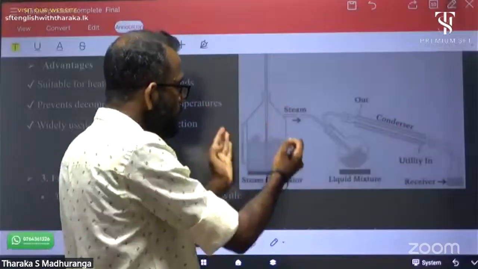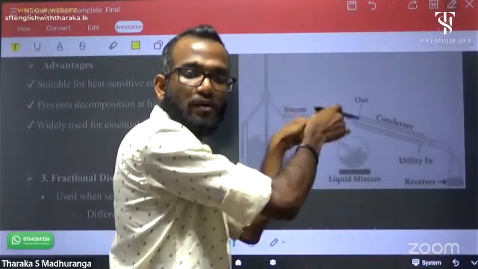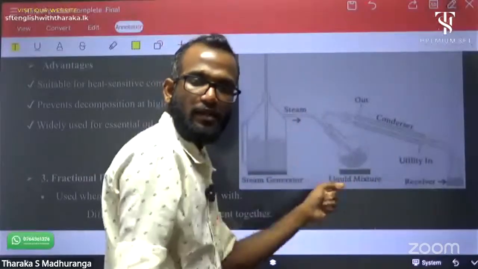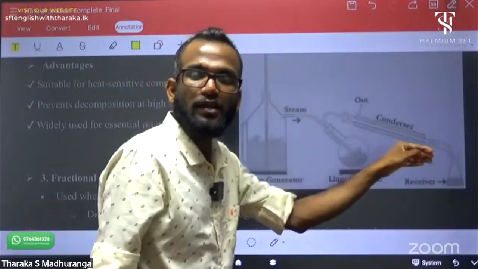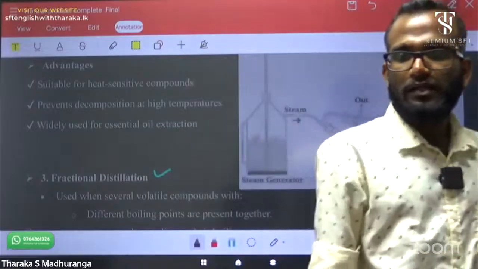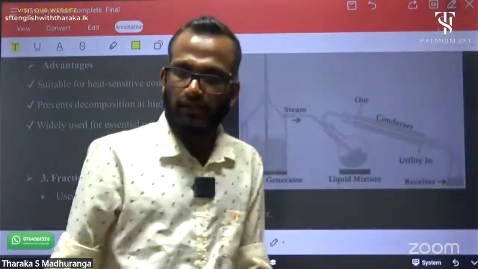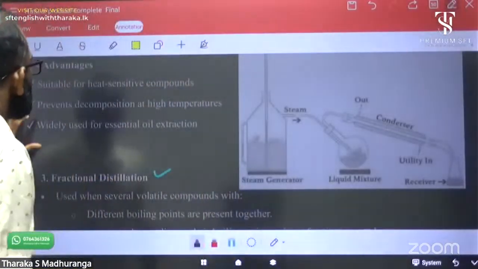See, this is a steam generator. This is a solvent, and solvent vapor goes through the plant material, and this vapor, in the final stage, goes through the cooling system, the condenser. Finally, it is collected in the container. That's a crude product.